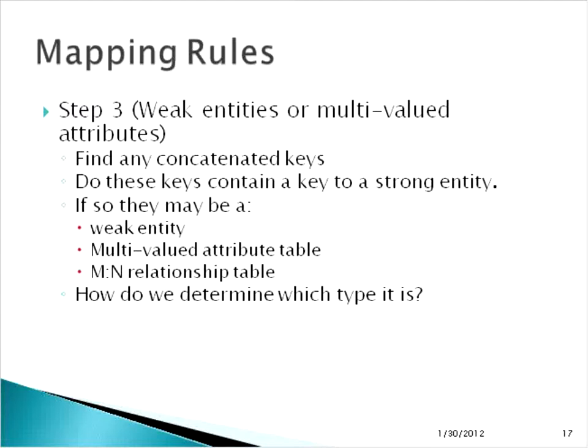When we see that vendor number is the primary key on one table and part number is the primary key on a different table, but the two keys are together in the same table, then it's probably an end-to-end relationship. The price being on that table would make it an attribute on the relationship. So that's how we would determine that this is an end-to-end relationship.